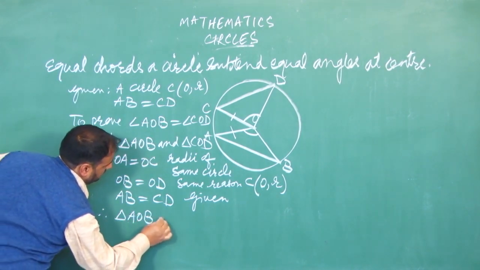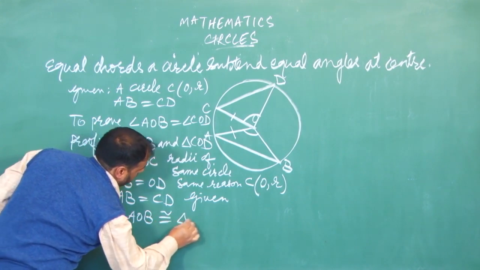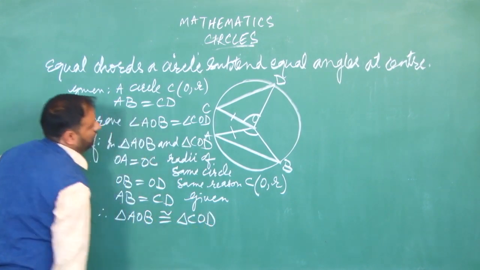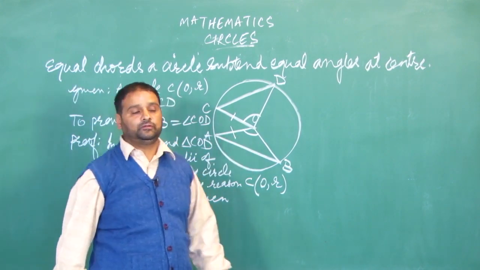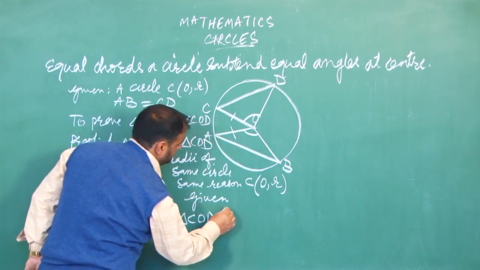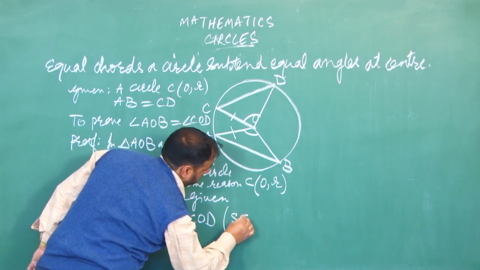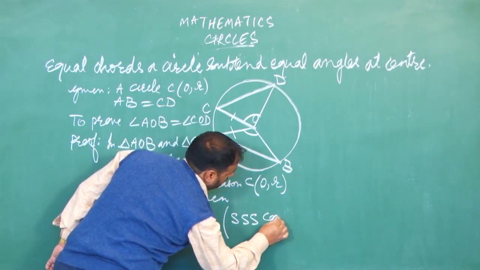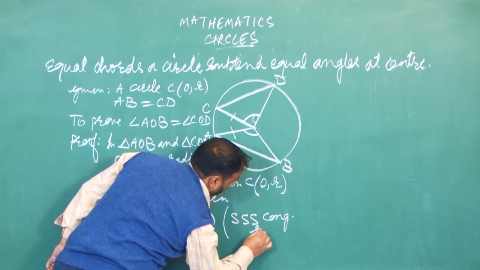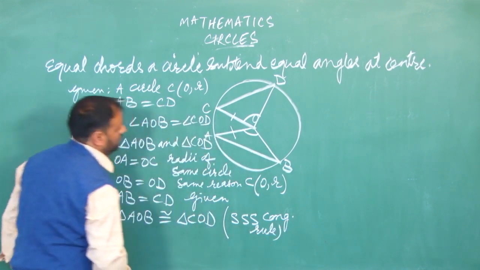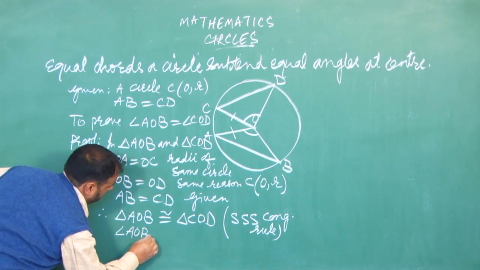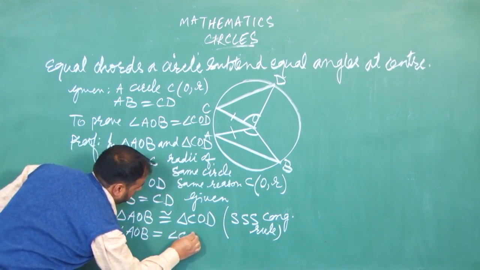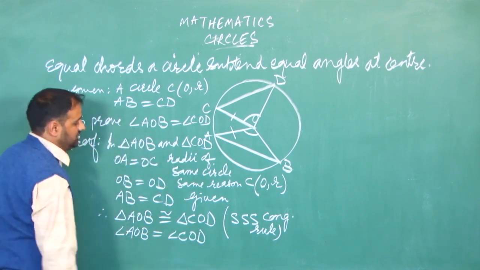You can see that we have shown all the three corresponding sides of triangle equal to each other. So this rule indicates that the triangles are congruent by SSS Congruence Rule. When they are congruent, you can write angle AOB is equal to angle COD, because when triangles are congruent, any corresponding side or angle is equal.